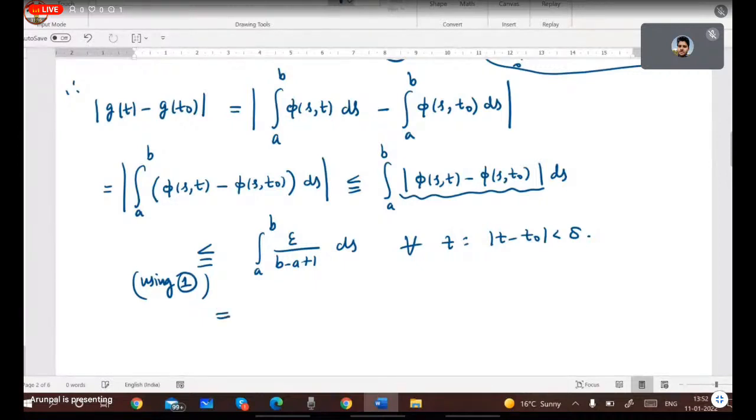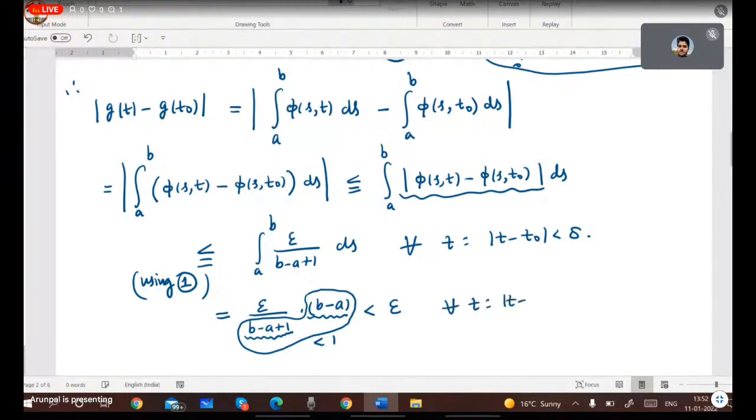Now this is equal to, you can take this outside the integral sign, and the integral will be A to B ds, and that will be nothing but b minus a. And if you notice, class, this denominator is bigger than this numerator. So this is further less than epsilon, because this thing is smaller than 1. Is this okay, class? And this is for all those t which are satisfying this condition.